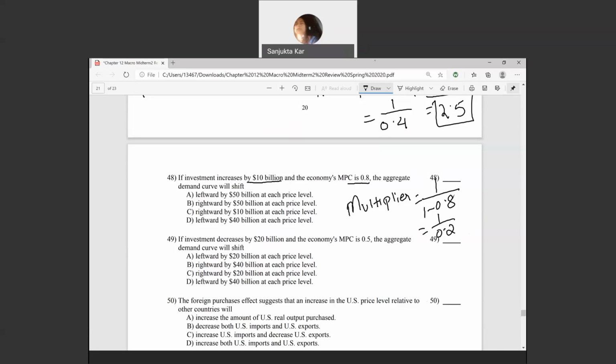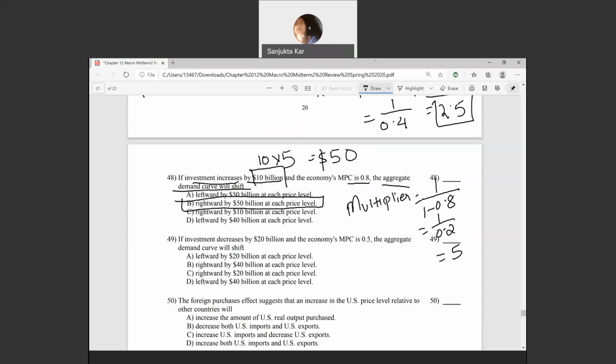How much is this going to be? This is equal to 5. So the final increase is going to be 10 times 5, which is equal to 50. So when investment increases, aggregate demand will shift to the right and by 50.